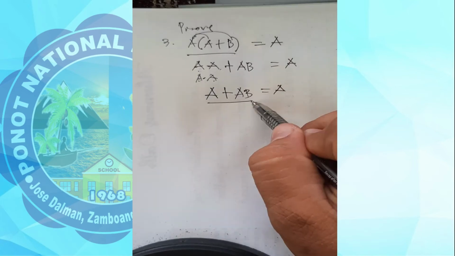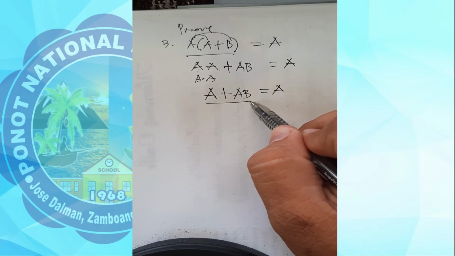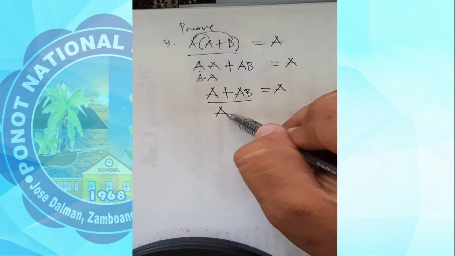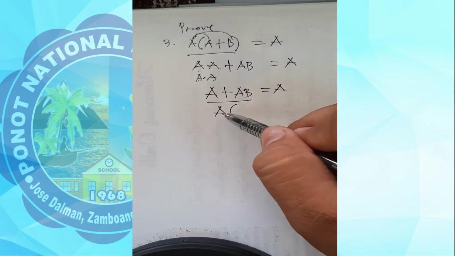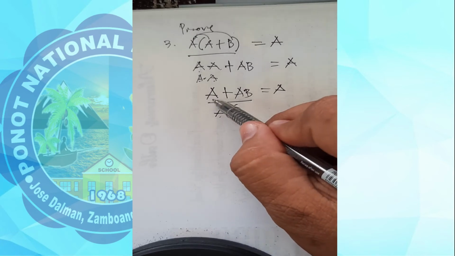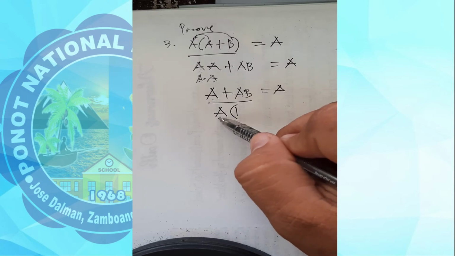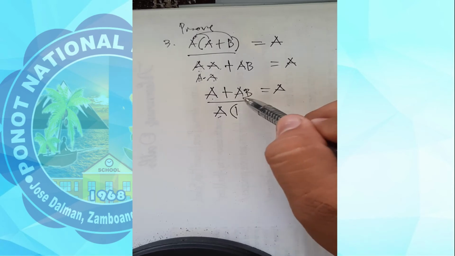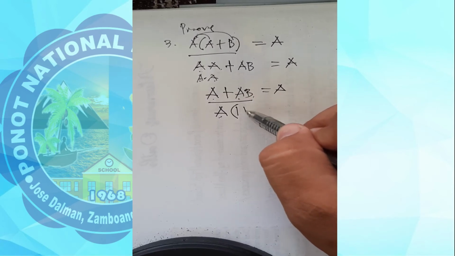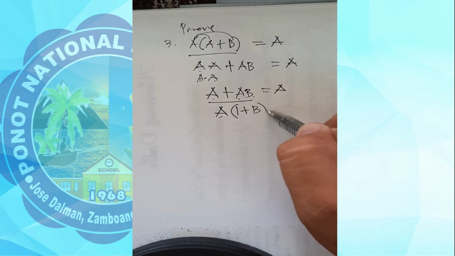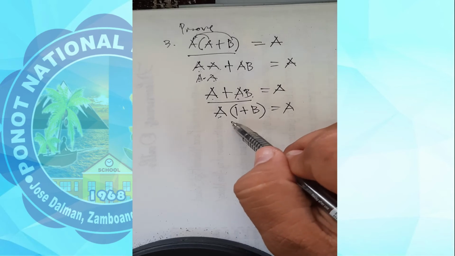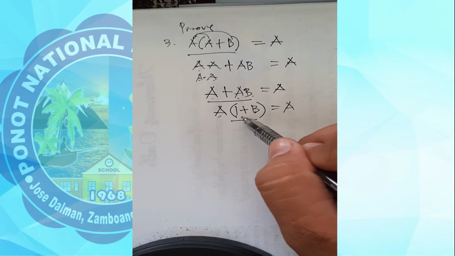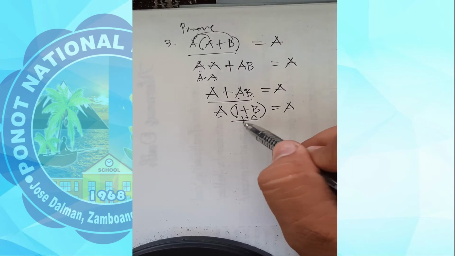Next, this one, it can be simplified. What is common? Common is A. What value is multiplied to A to get the value of A? 1. What value is multiplied by A to get AB? That is 1 plus B, equal to A. And looking back at our postulate, 1 plus B is the same as 1 plus A or A plus 1.